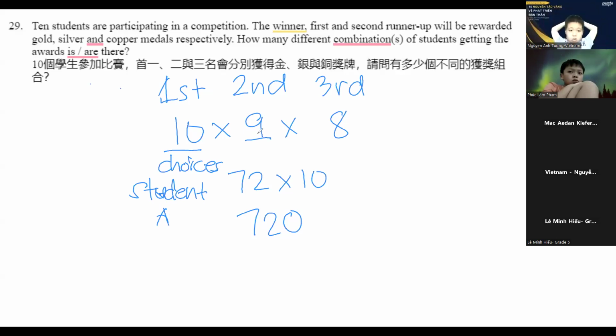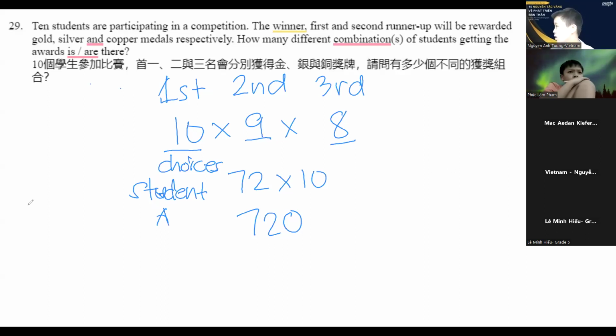So that's why there are only 9 choices left for second place. And in third place, if let's say student B got chosen for second place, then student A and B are no longer choices, leaving us with 8 choices for third place. Did that answer your question? Okay, thank you.